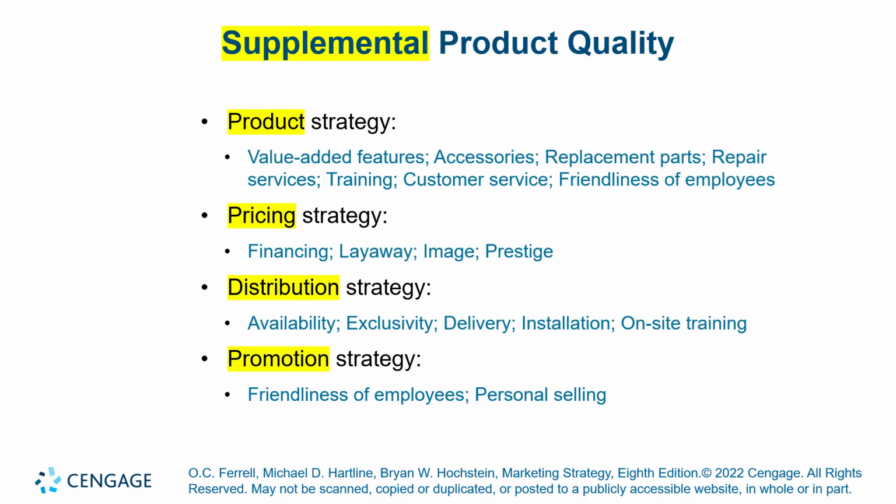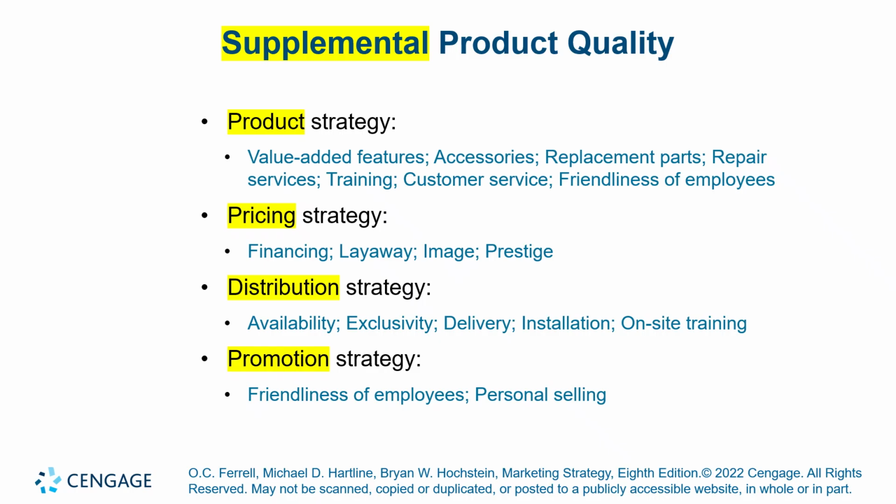What about supplemental product quality? The quality of your supplemental product. In your product strategy, you use value-added features. Remember, this adds value. Supplemental products add value to the core product. So use value-added features, accessories, replacement parts, repair services, training, customer service, and frontline employees can all add supplemental product quality.